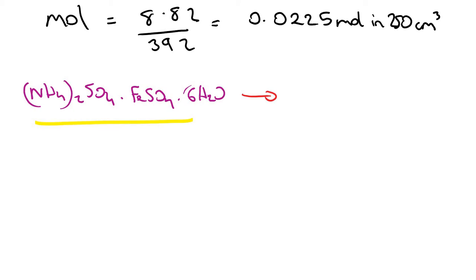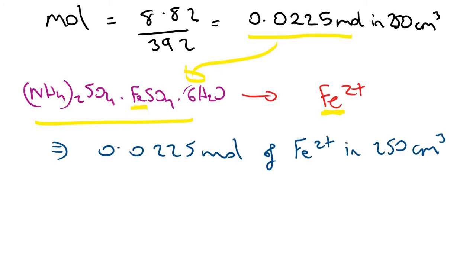But we know that in every one of these I've got one Fe2+. So for every one of these, there is one of these, therefore there is 0.0225 moles of Fe2+ ions in the 250 ml solution.